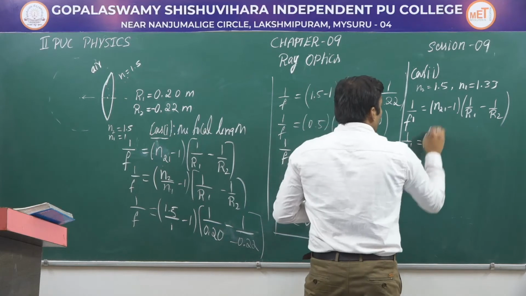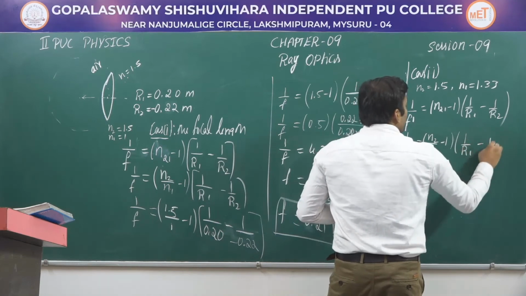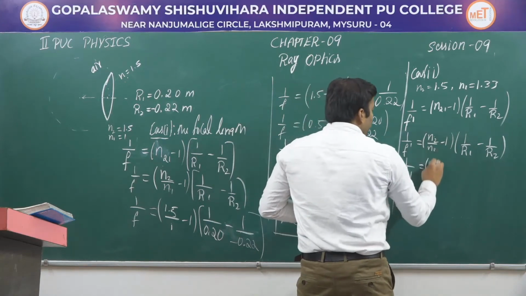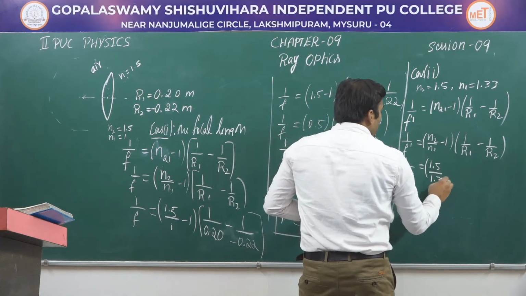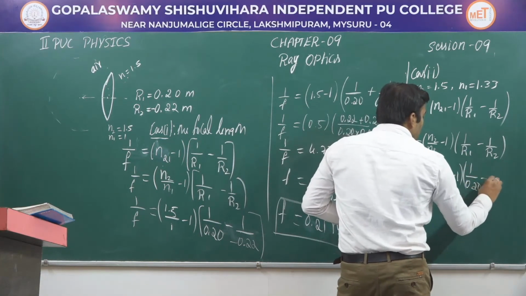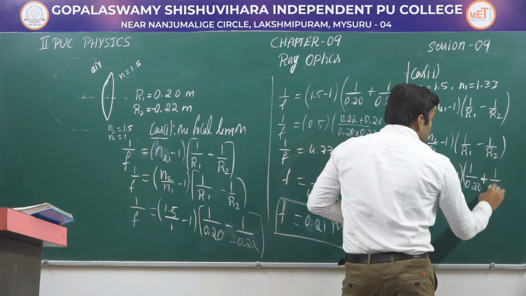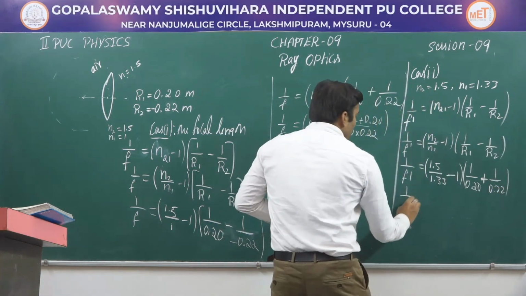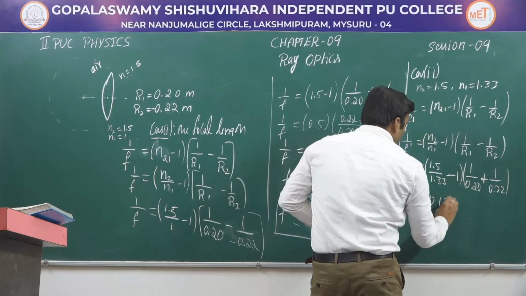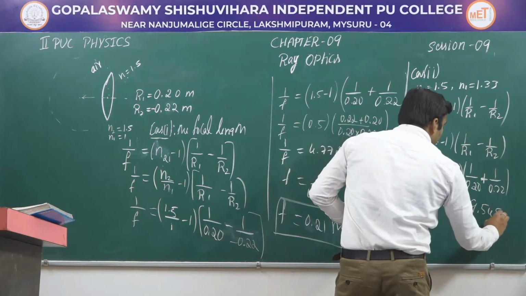1 by f dash is equal to n21, which now becomes n2 by n1, minus 1 into 1 by r1 minus 1 by r2. Now 1 by f dash is equal to n2 by n1, which is 1.5 divided by 1.33, minus 1 into 1 by R1 which is 0.20, minus of, I will write it as plus only. You know why I am writing this as plus. So this is 0.22. If I find the value of this, this becomes 0.1278 into 9.5454.